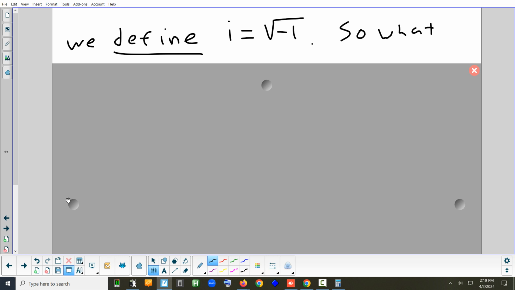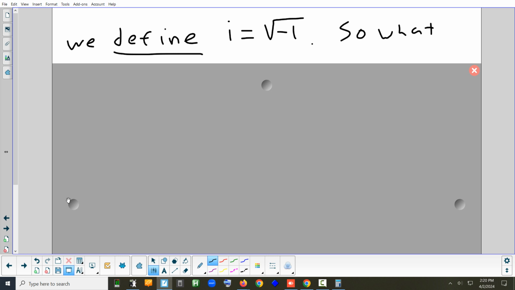In geometry, that would be similar to saying that parallel lines don't cross. You can't prove that because the word parallel is defined to mean they don't cross. It's a definition in geometry. So it's the same thing here. So i equals the square root of negative 1.